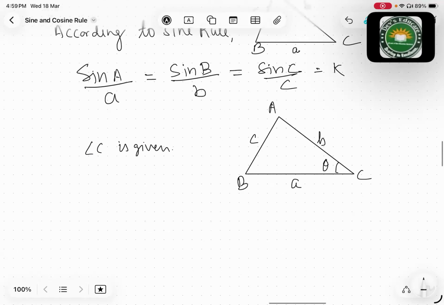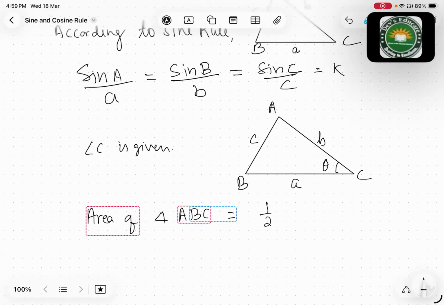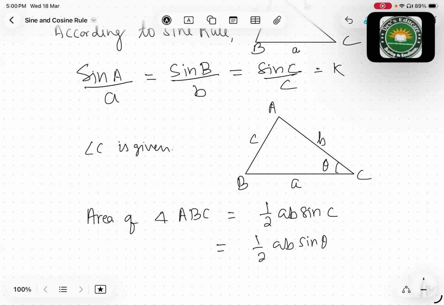So the area of triangle ABC will be half of ab sine C, or half of ab sine theta. If angle A is given, then it will be half of bc sine A.